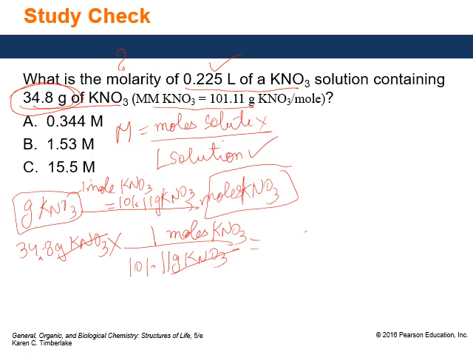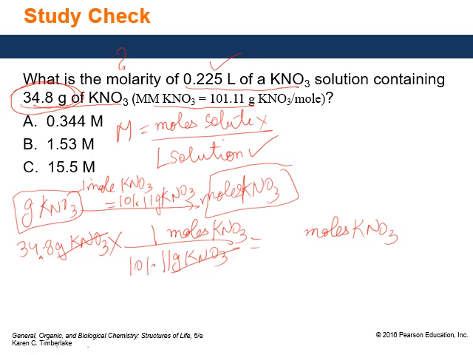Our final answer is in moles of KNO3. Now if you plug these values into your calculator, that would give you 0.344 moles of KNO3, potassium nitrate. Now we have moles and liters.